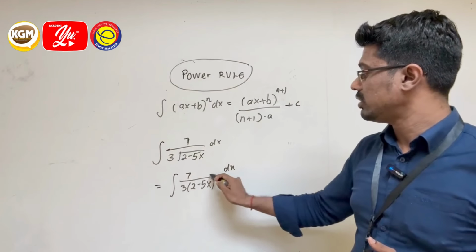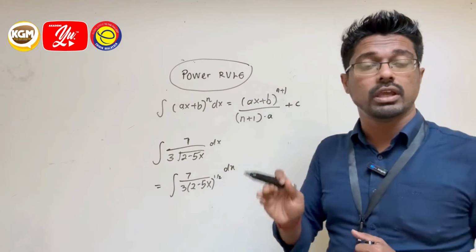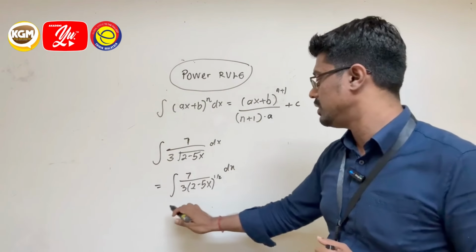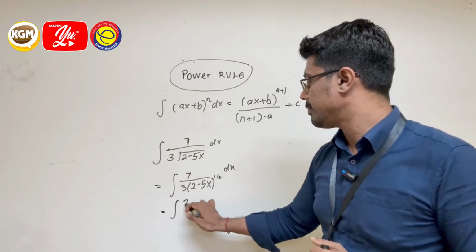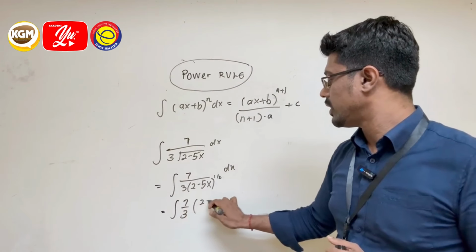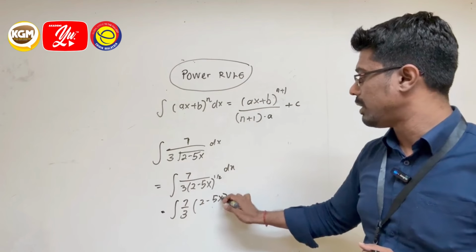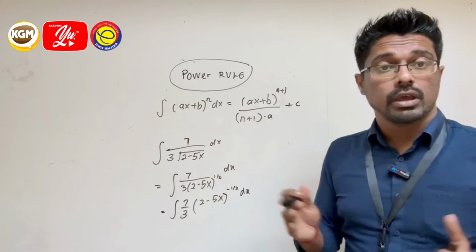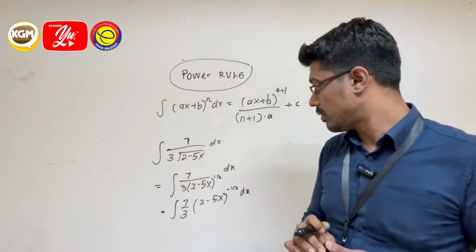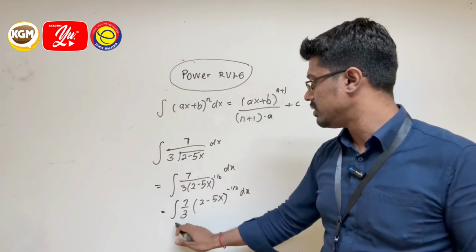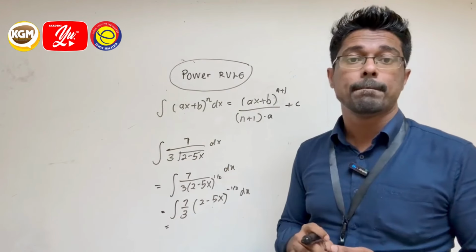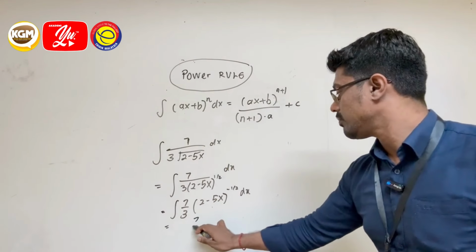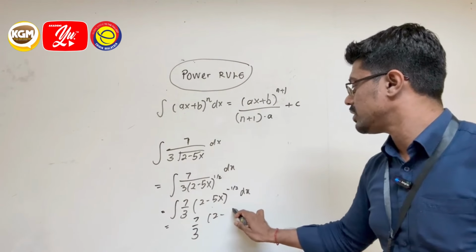And then this guy, the function of x is below, so you bring it up. (2 minus 5x), remember, the power becomes negative. And then you're good to go. Don't worry about the 7 over 3, just copy it. So 7 over 3, (2 minus 5x).